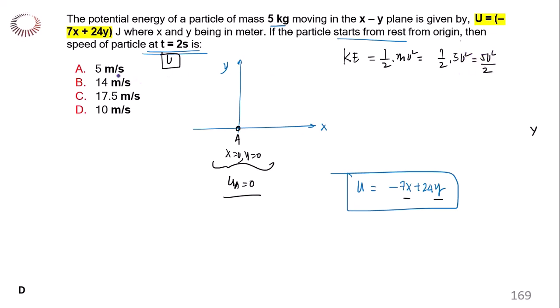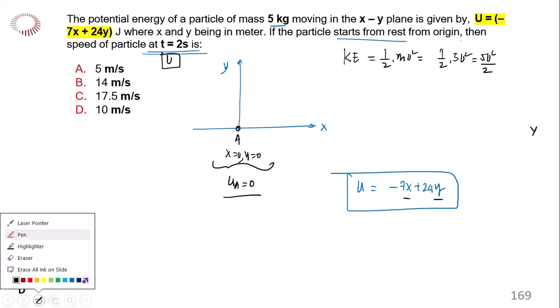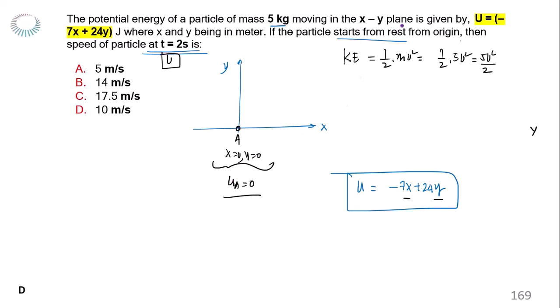And another piece of information is given, that the particle starts from rest. Initially the particle is at rest, which means the initial kinetic energy is 0. So the particle is moving, and because of that the kinetic energy changes from 0 to 5 v square by 2.